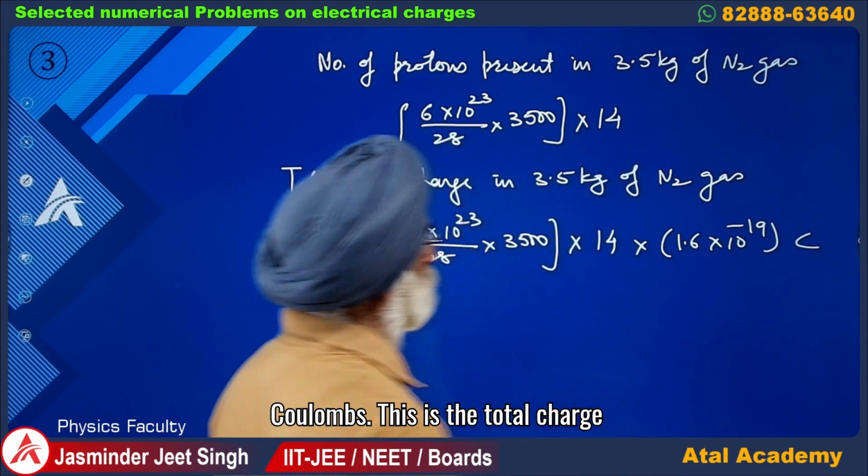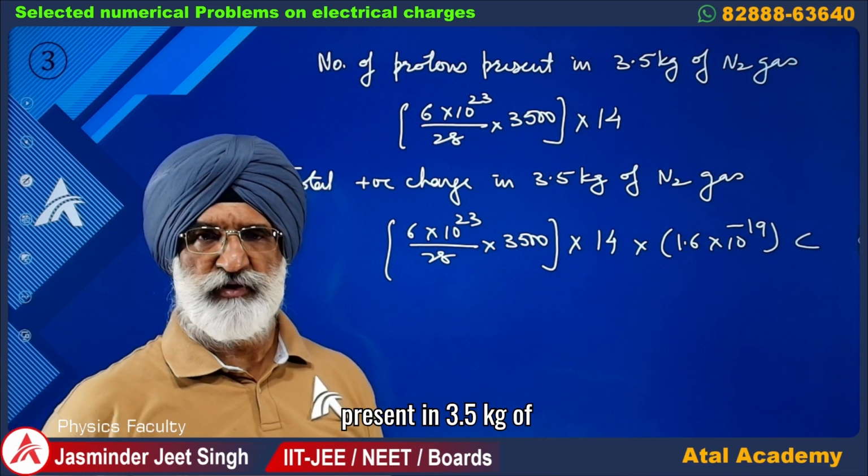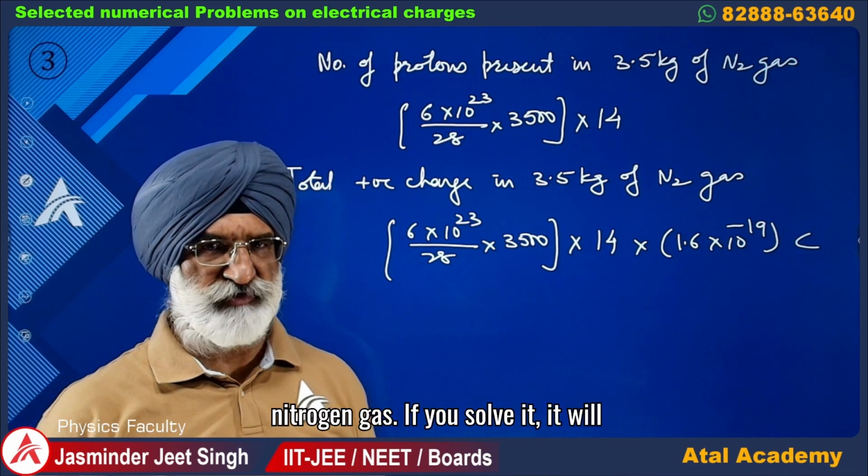That will be in coulombs. This is the total charge present in 3.5 kg of nitrogen gas.